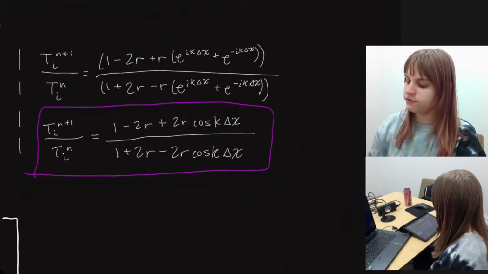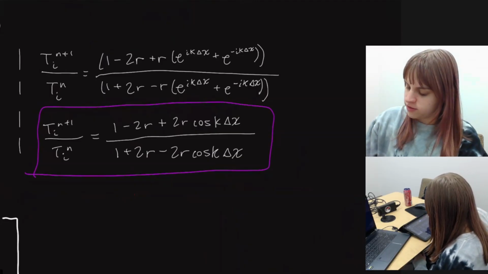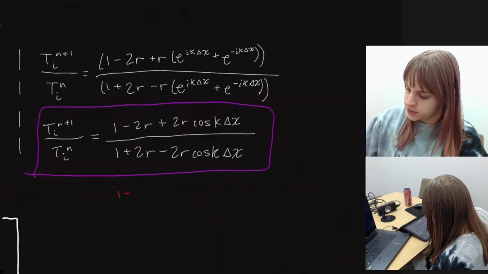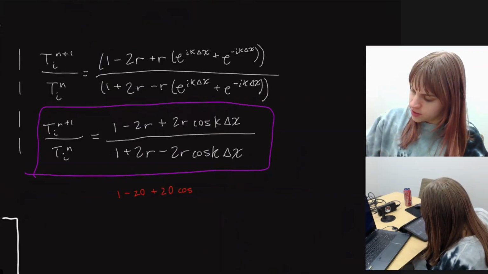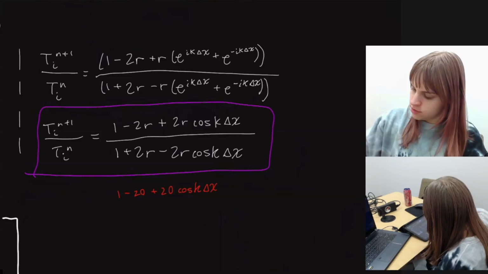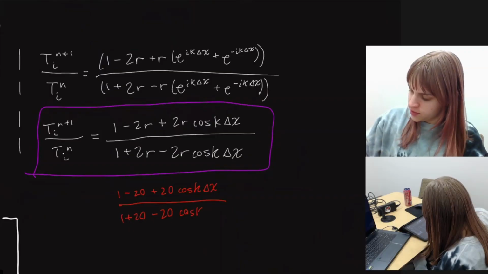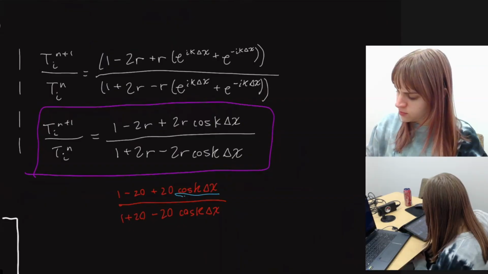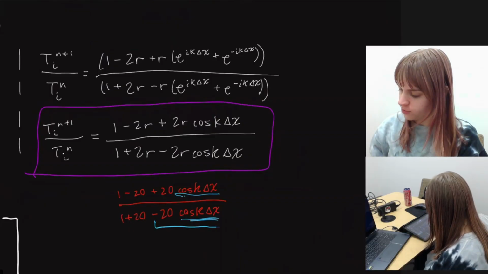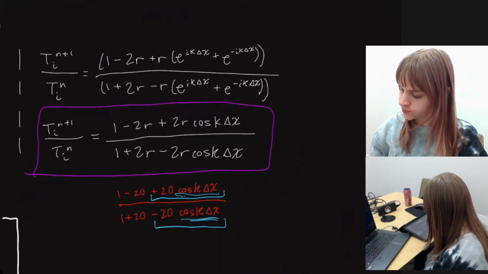For example, if our r was 10, we would have 1 minus 20 plus 20 cosine k delta x over 1 plus 20 minus 20 cosine k delta x. These are always going to be equal to each other.